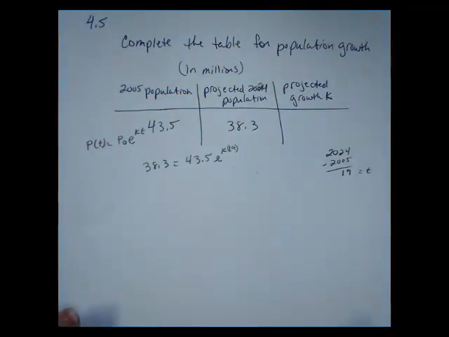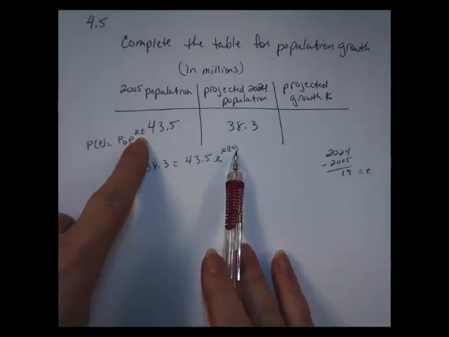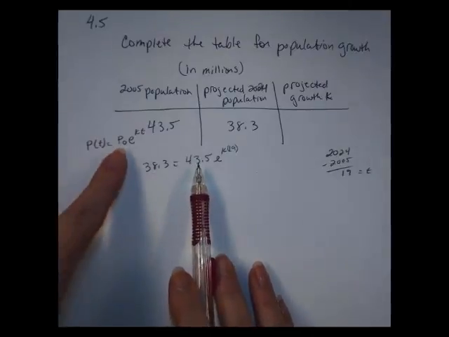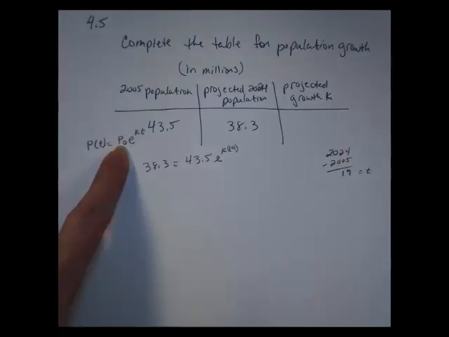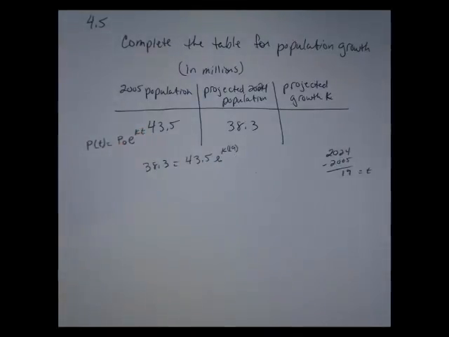That was the formula that we used in class. So using that formula, we've plugged in that in 19 years, this would be what our population is. This is where we started with the population, the P naught, when our time was at 0. Our K is what we're looking for, and t is the 19.